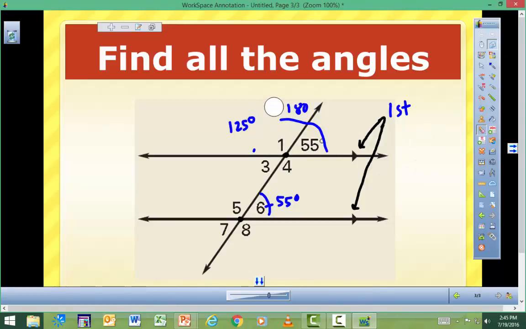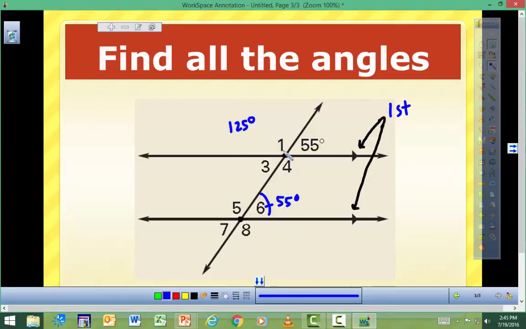It's getting a little bit messy now. So 125 degrees, that's this one. Now, we also have the vertical angle idea. This angle over here, they have to be congruent, so this angle over here is 125. Now I might add that we could have found out these two angles a different way.